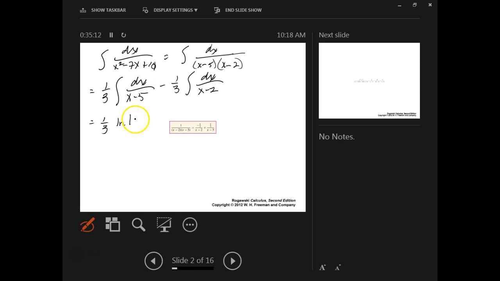So that will be absolute value x minus 5 minus 1/3 log of x minus 2. Okay? Now, that's perfectly hunky-dory to do. Now, what I haven't done is written down my plus c.